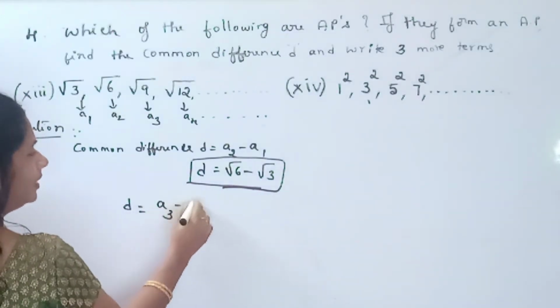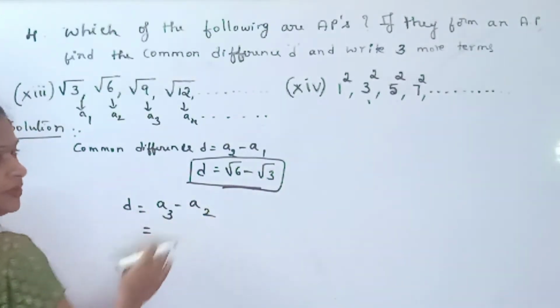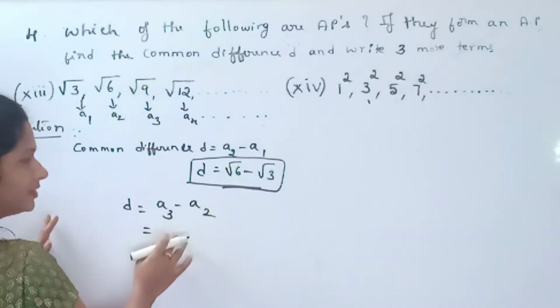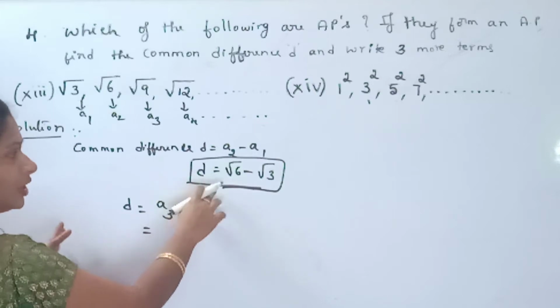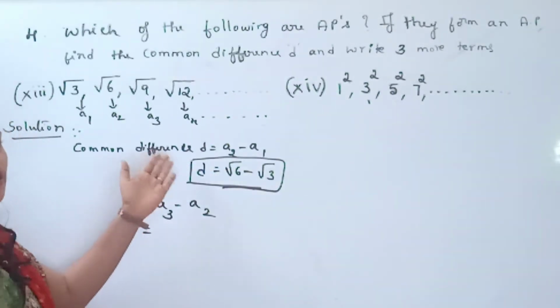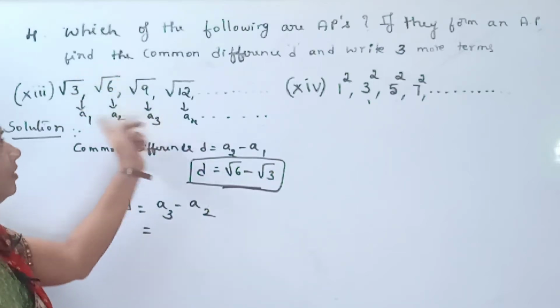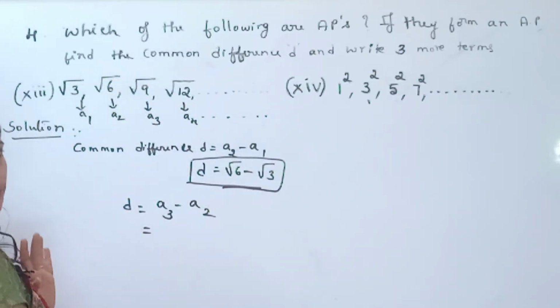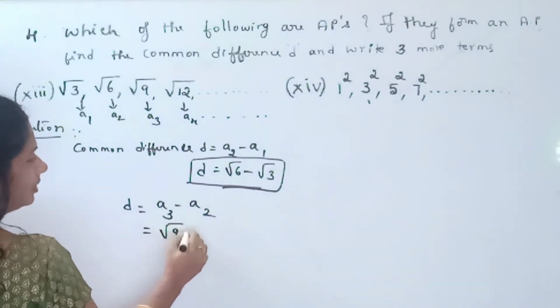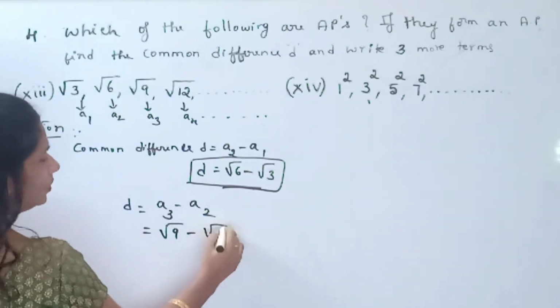Why are we finding the common difference once again, D equal to A3 minus A2? So then we can come to the conclusion that if we get the same common difference, then this list of numbers forms an AP. Is it clear?